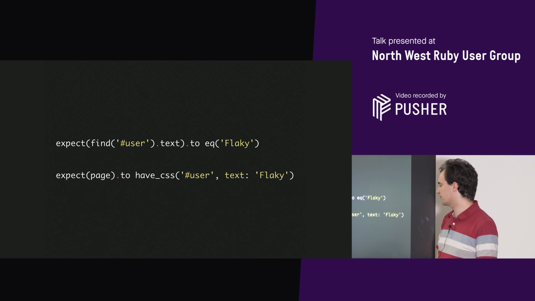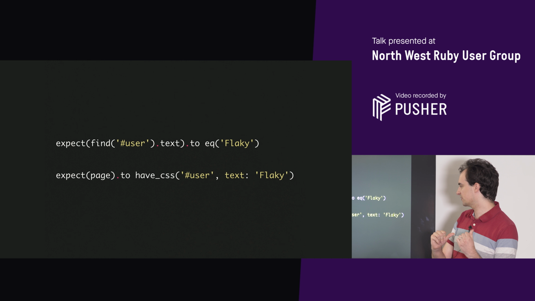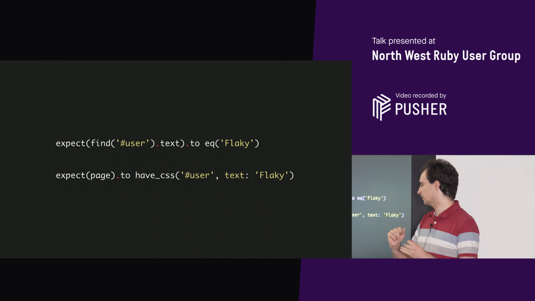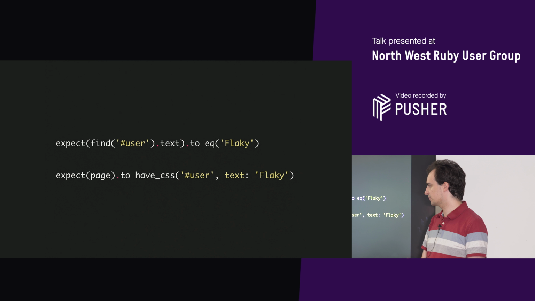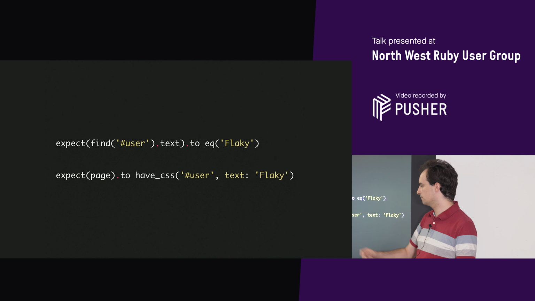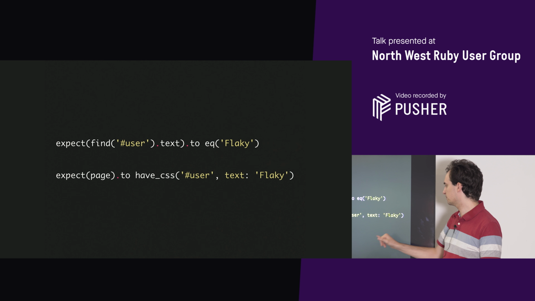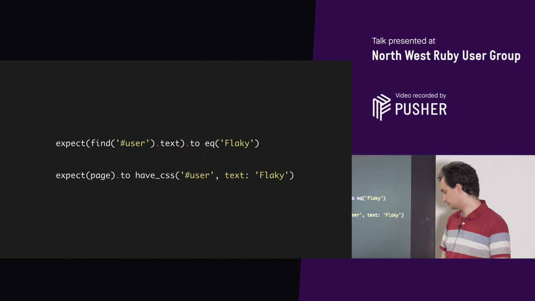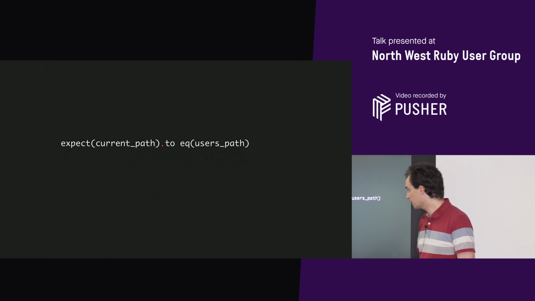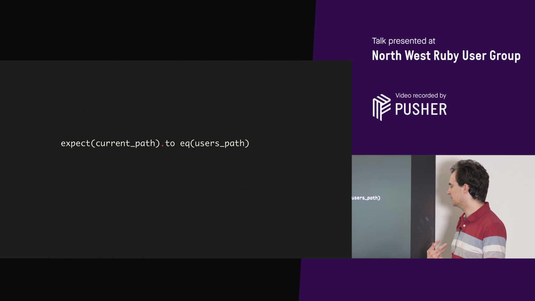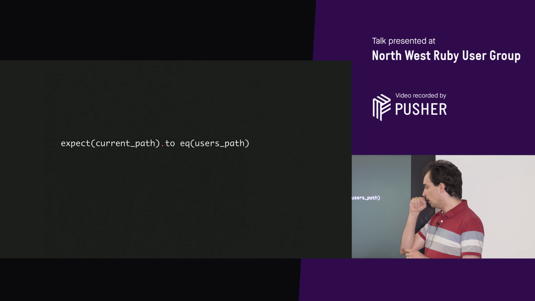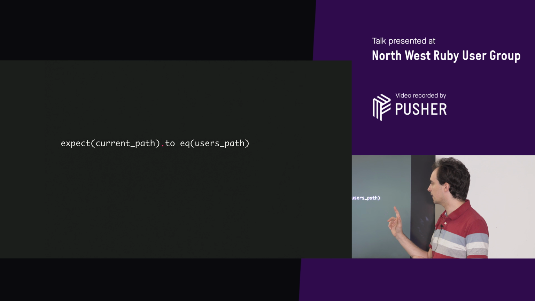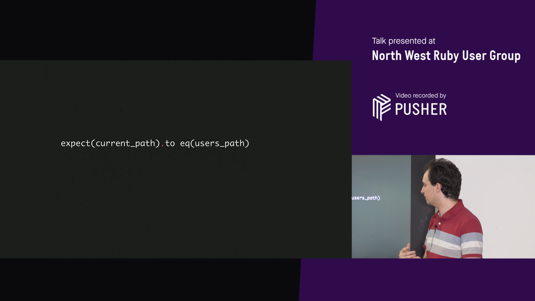So generally, the rule of thumb is to move everything into the assertion, if you can. So most of your Capybara assertions become assertions on a page or some selector. So in this case, we use the has_css selector, and we can pass in text, and this will do a partial match by default. Another one that seems quite innocent in a way is doing assertions against the current path.